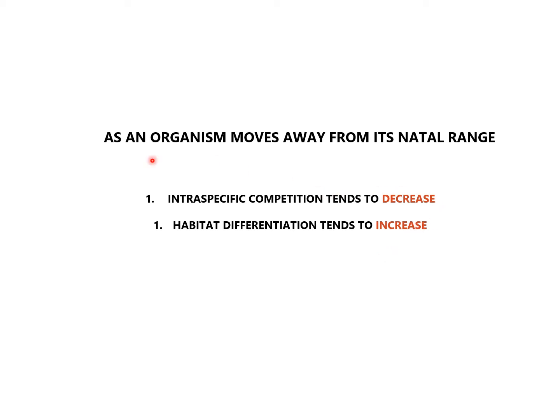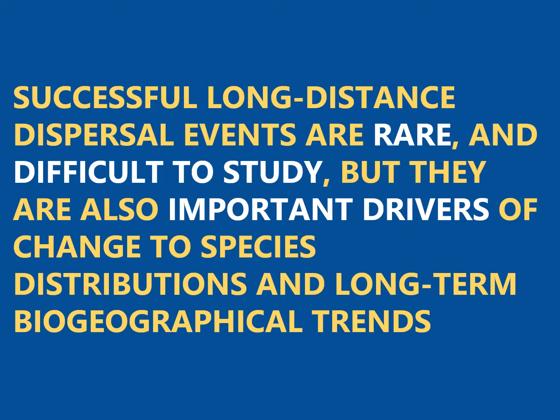It's not great to stay super close because you're going to be in high competition, but it's also not great to go too far away because you're going to get to a different habitat that you might not operate as well in. So there's a sweet spot in there, and that's why natural selection tends to favor intermediate dispersal, not no dispersal and not dispersal way far away, just somewhere in an intermediate range.